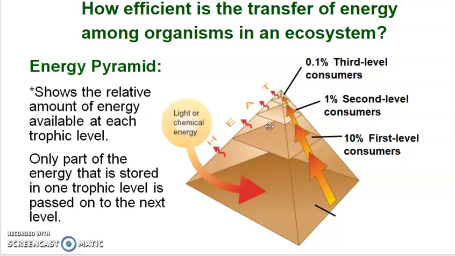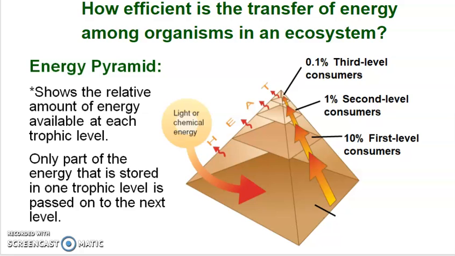Ecological pyramids show the decreasing amounts of energy, living tissue, and number of organisms at different trophic levels. Like going from plants to first consumers, we are only getting 10% of this energy.